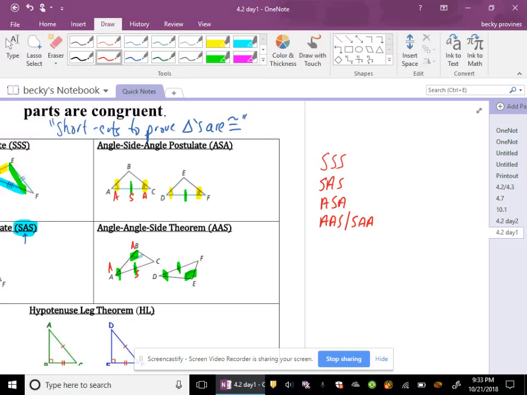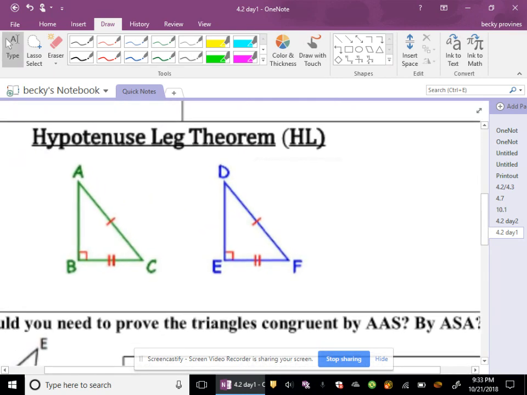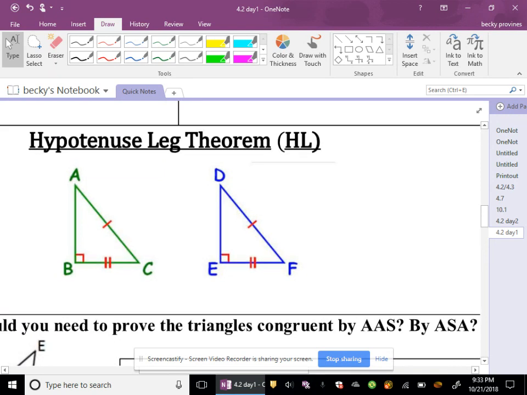Now we have a variety of an ASS theorem, and that is called the HL. And I'll show you why it's just a variety of it. This theorem only works when you have a hypotenuse and a leg. Now, in order to have the hypotenuse, you have to have a right angle.